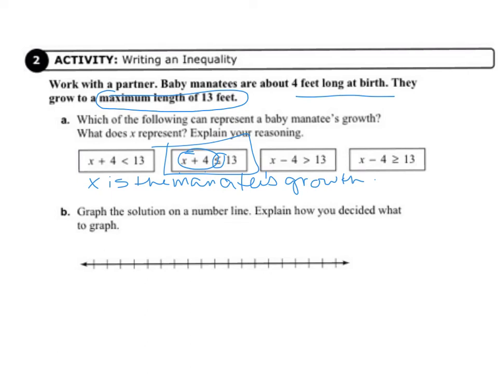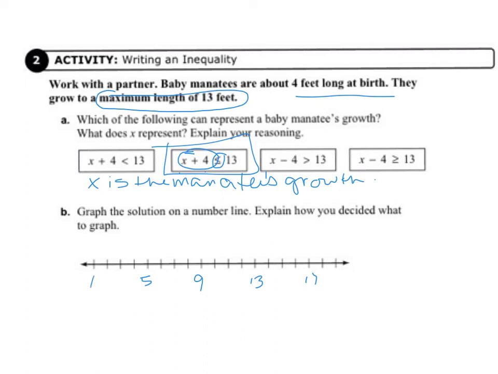And now in letter B, we need to graph the solution on a number line and think about what we're going to graph. So again, we want to start by putting some numbers on our number line. We'll start with 17 down here, and then 16, 15, 14, 13, 12, 11, 10, 9, 8, 7, 6, 5, 4, 3, 2, 1.